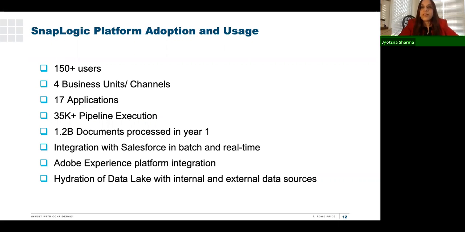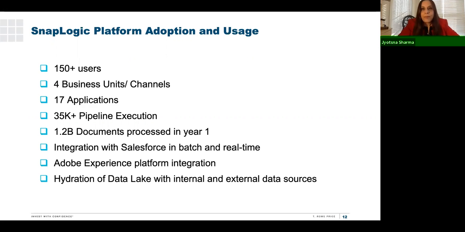So the processes in our CRM system can trigger and activate business processes in our marketing platform. This has helped us achieve that. And then, of course, hydration of our data lake with all different internal and external data sources to augment and expand our customer 360 data.